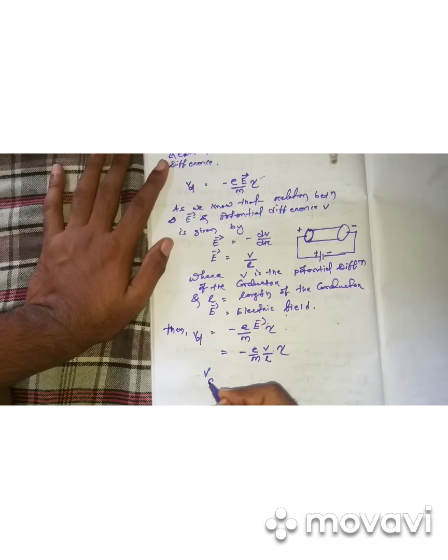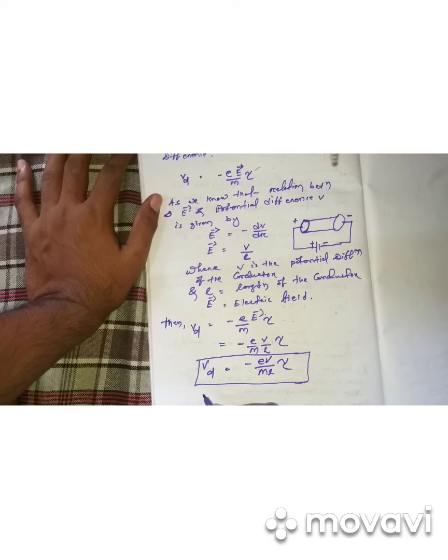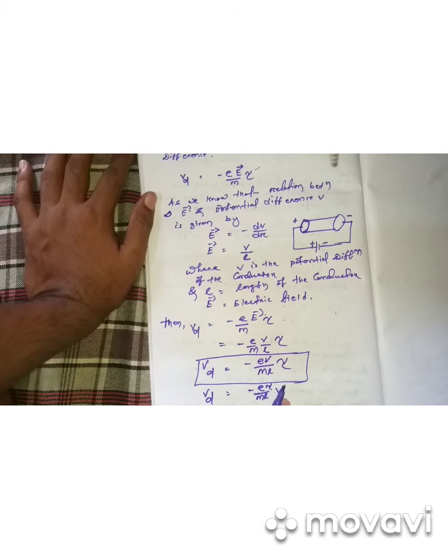So Vd equals minus eV by mL into tau. That implies Vd equals minus e by mL into tau into V. So this is the relation between Vd and V, that is, the relation between drift velocity and potential difference across the conductor.